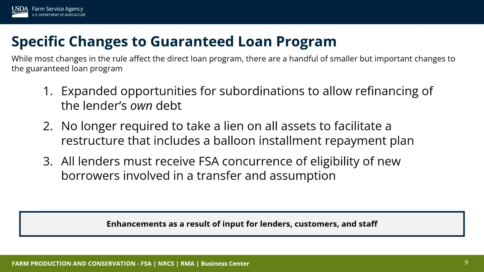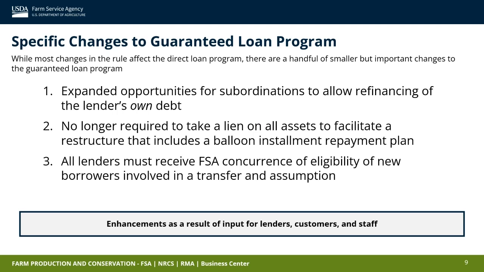The final piece here is addressing some recent instances of transfers and assumptions that were completed of existing guaranteed debt to non-eligible individuals. So this doesn't happen often, and even when transfers and assumptions are pursued, usually they're not much of an issue at all.